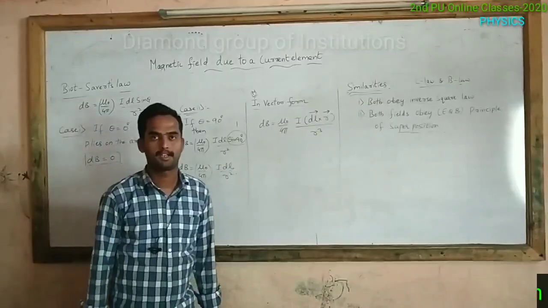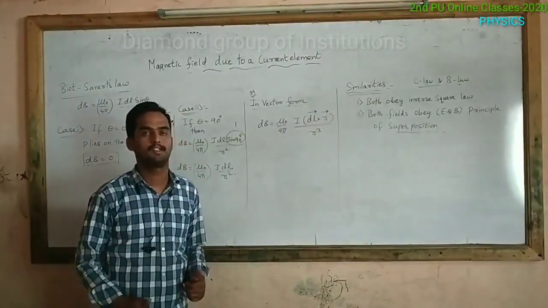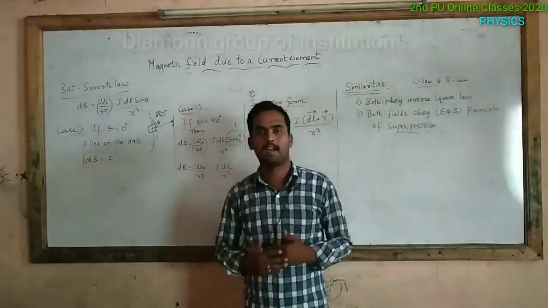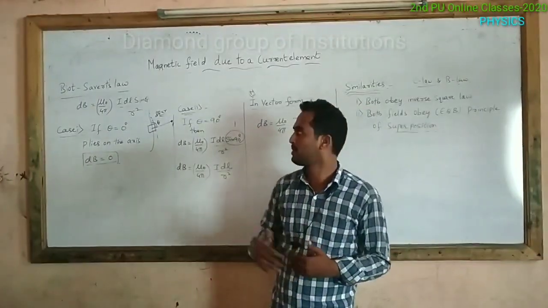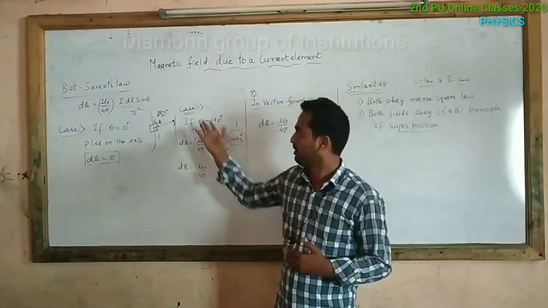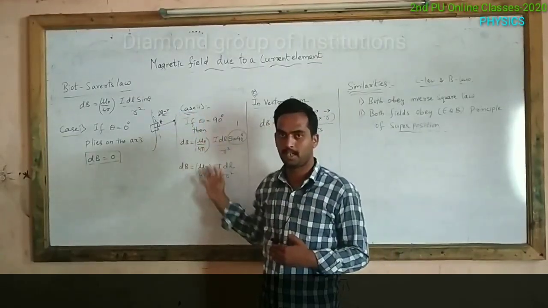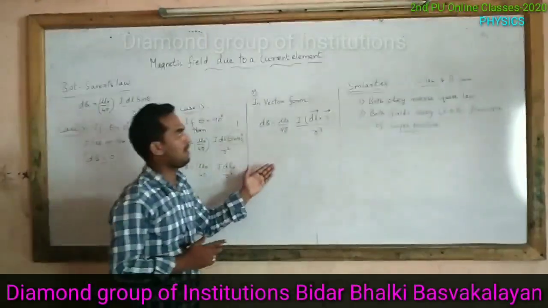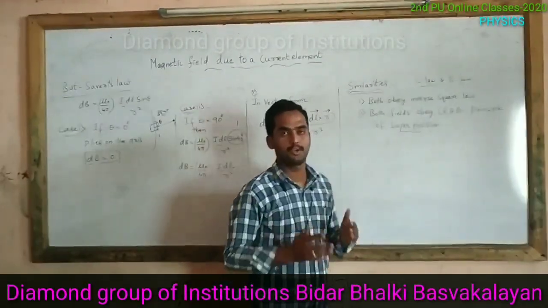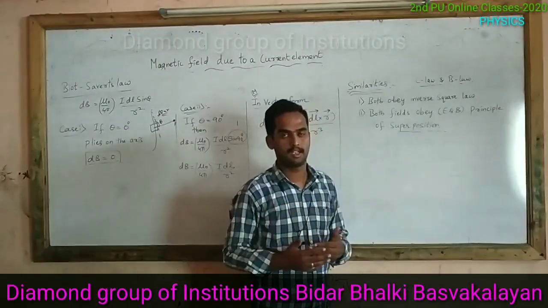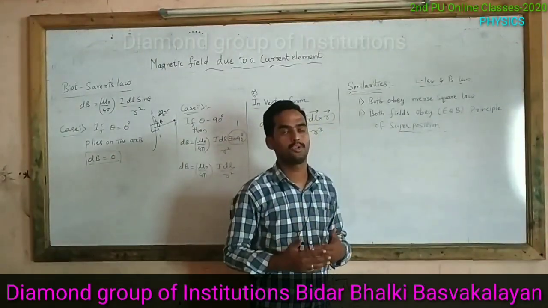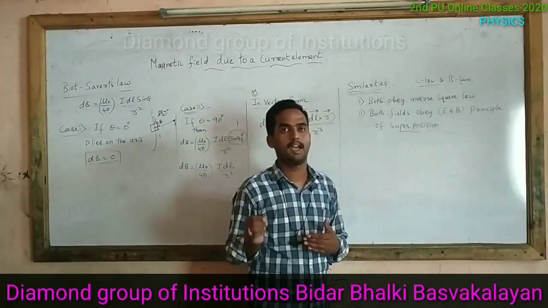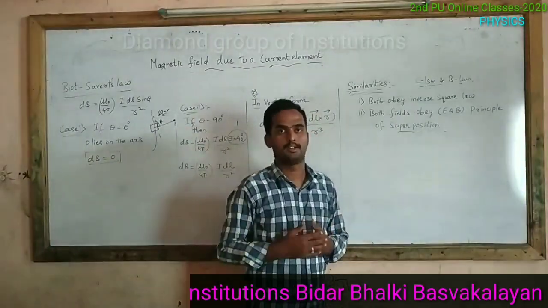My dear students, today we discussed magnetic force on a current carrying conductor, as well as Lorentz force, as well as Biot-Savart's law, and the mathematical expression and the special cases, as well as the similarities between Biot-Savart's law as well as Coulomb's law. So in the next discussion, we are going to derive the magnetic field due to a current carrying circular coil in the next topic.